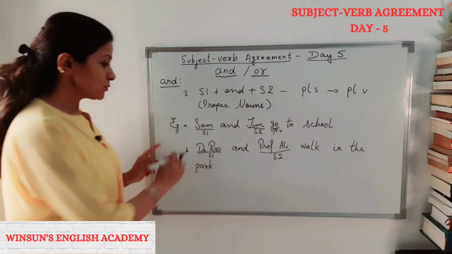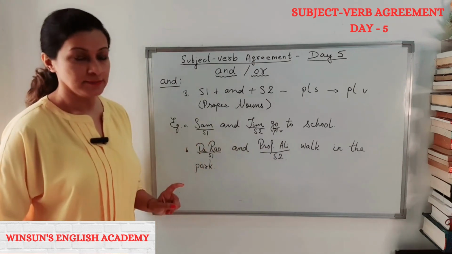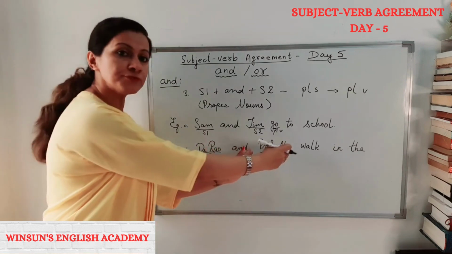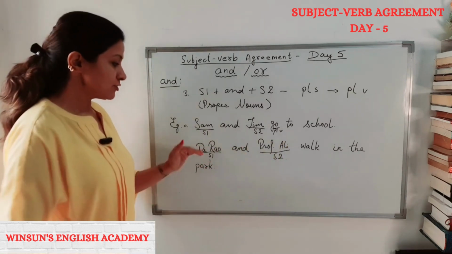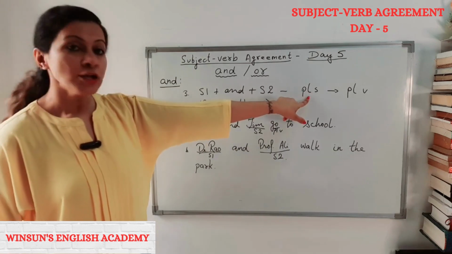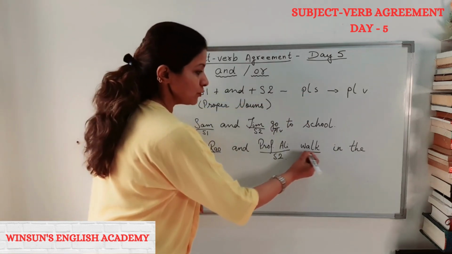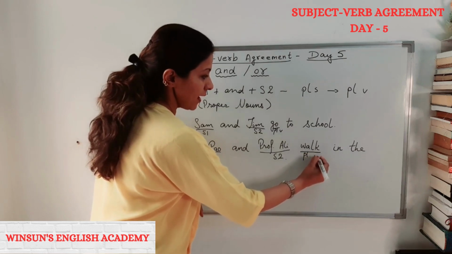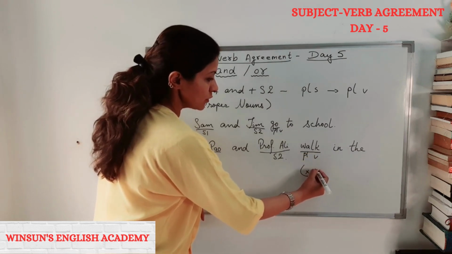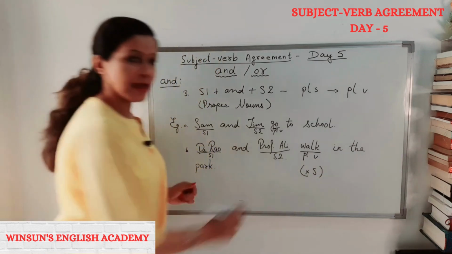Even before titles, we never use any article. And these two are two different people, right? So that is why they are considered as the plural subject of the sentence, and that is why they take the plural verb. And I repeat, plural verbs will never have an S. Clear?